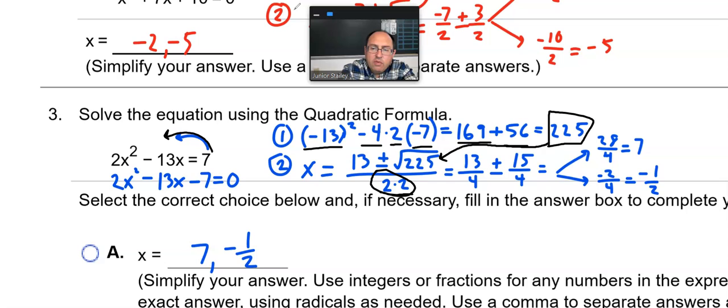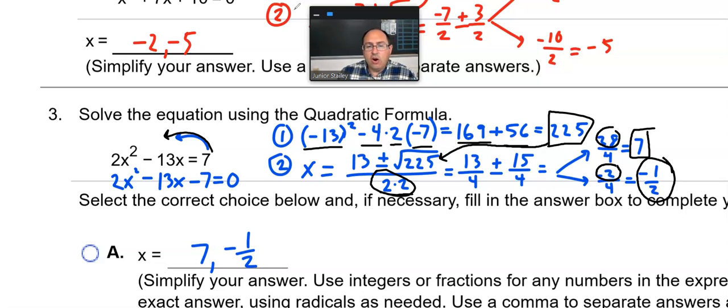So that's 13 over 4, plus or minus. The square root of 225 is 15, so that's a nice number. 13 plus 15 gives me 28, and then over 4 gives me 7. And 13 minus 15 gives me negative 2 over 4, which gives me negative 1/2. So 7 and negative 1/2 are the answers to your question.